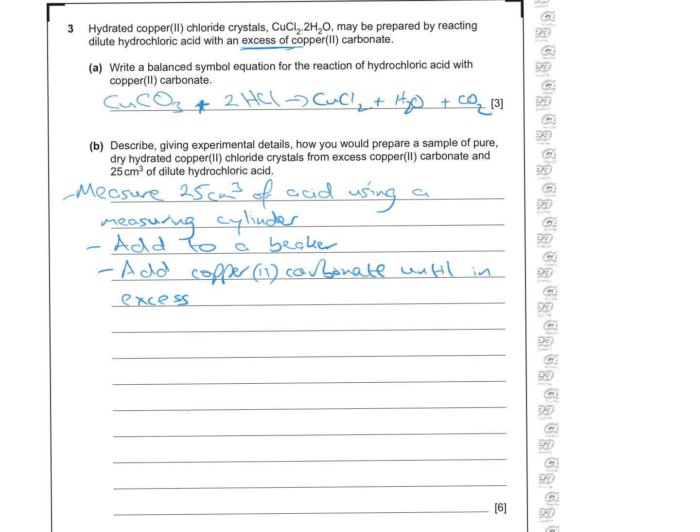So you can see with my good drawing, we've got our copper(II) chloride solution, which is turning blue. The copper(II) carbonate is green, and when it stops reacting, it will remain in the solution. So this copper(II) carbonate now in excess needs to be removed. So this mixture is now filtered, and the excess carbonate gets trapped in the filter paper. Your clear blue solution of copper(II) chloride will now be in the evaporating basin.